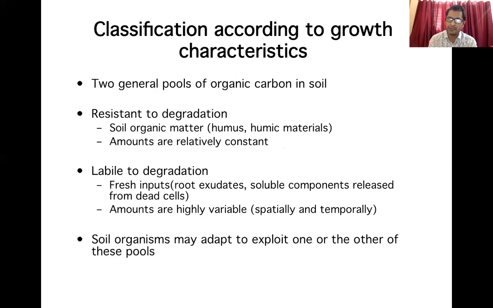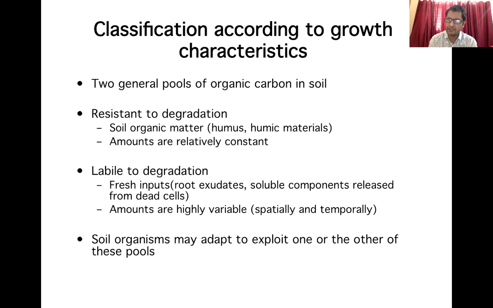An example of the resistant one is soil organic material like humic material, humus, humic minerals. Their amount in the environment is relatively constant throughout the year.